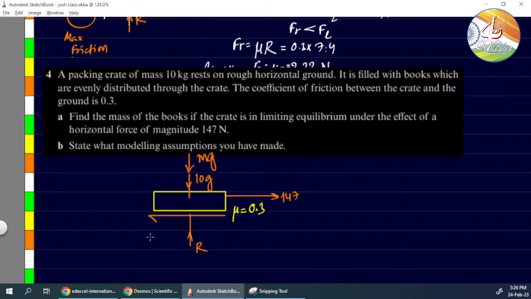Friction is 0.3 times R, because in this case he is telling us that the object is in limiting equilibrium, which means we take whatever maximum friction is there. 147 newtons is bringing it into equilibrium.